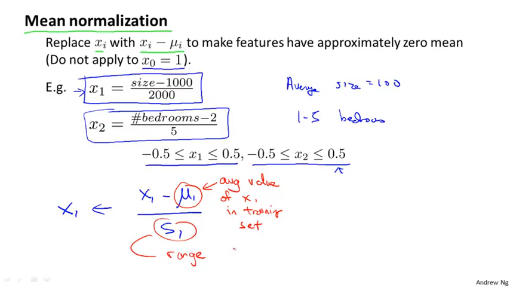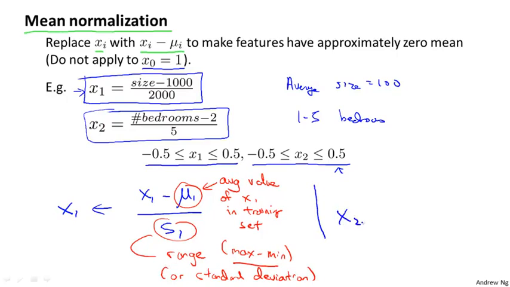Or, for those of you that know what the standard deviation of a variable is, setting s1 to be the standard deviation of the variable would be fine too. But taking max minus min would be fine. And similarly, for the second feature x2, you replace x2 by subtracting the mean of the feature and dividing by the range of values, meaning the max minus min. This formula will get your features, maybe not exactly, but roughly into these sorts of ranges.